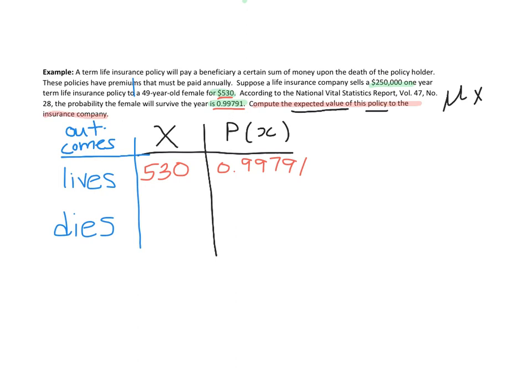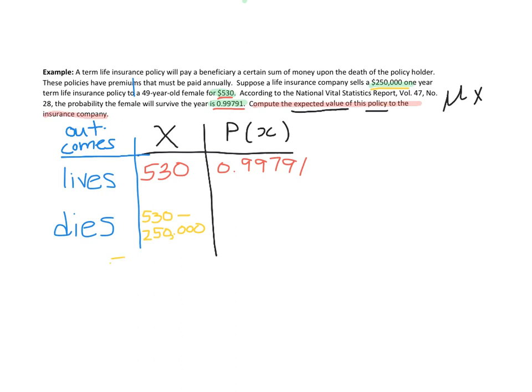All right, let's look at the flip side. If the woman dies, well, first, the insurance company has $530 still, but they have to pay, so it's going to be a negative number for them, $250,000. So notice this is going to be a negative number right here.